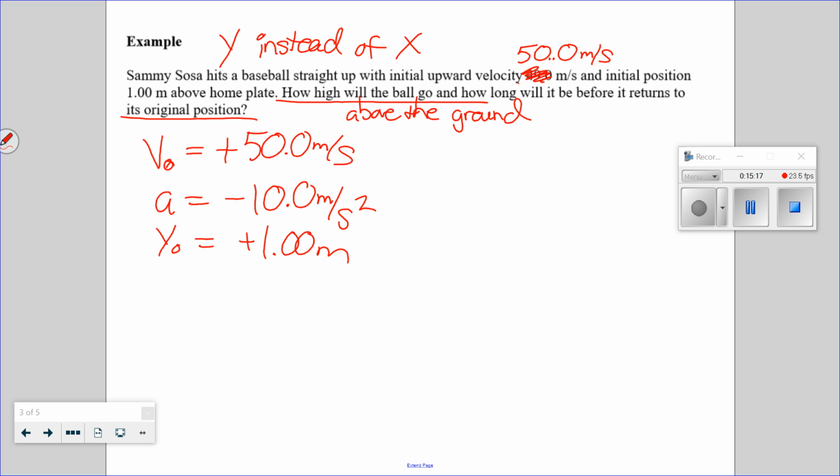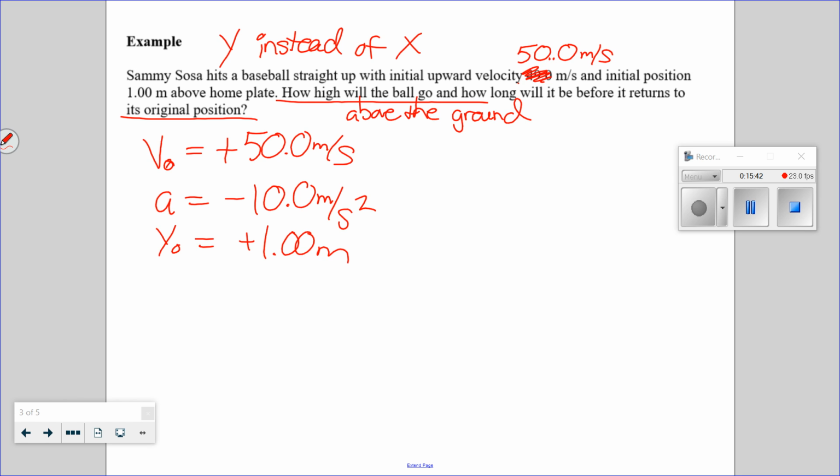Are we missing anything else? How long before it returns to its original position? What's your vertical displacement? How high will it go? Okay, so I'm actually trying to solve for y.